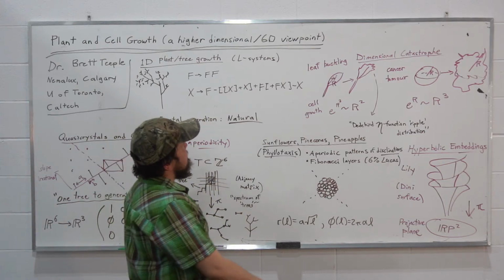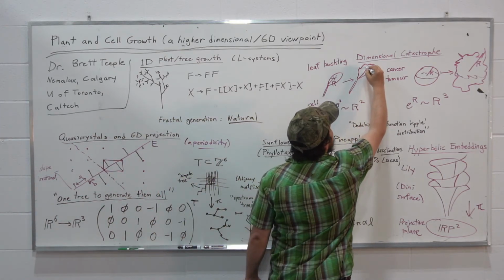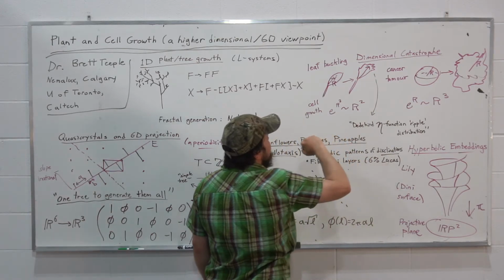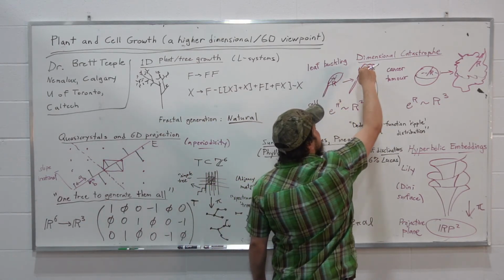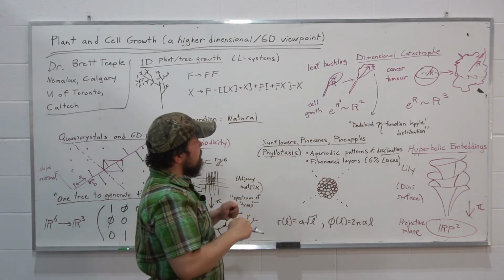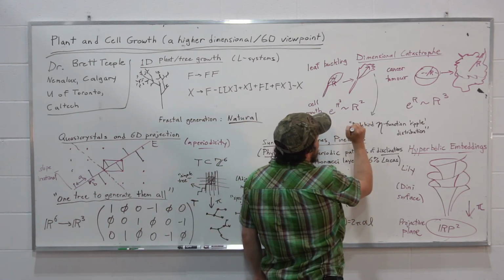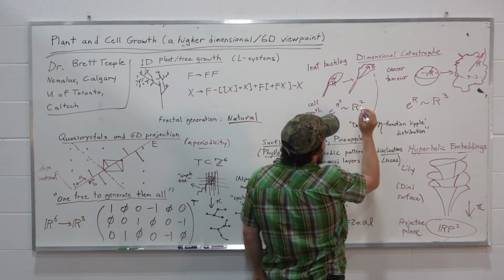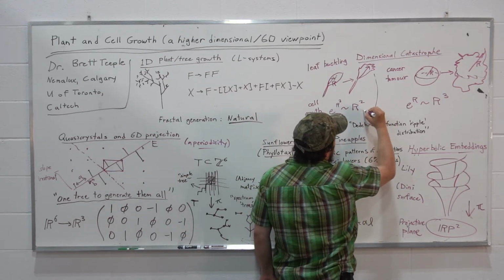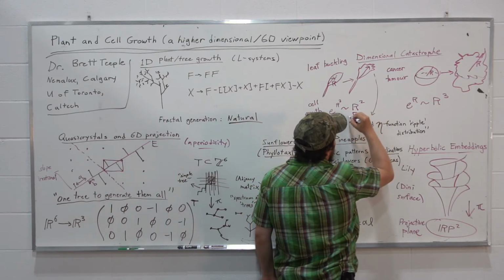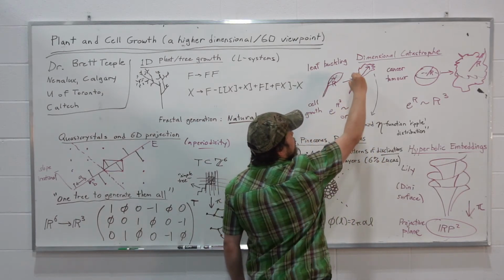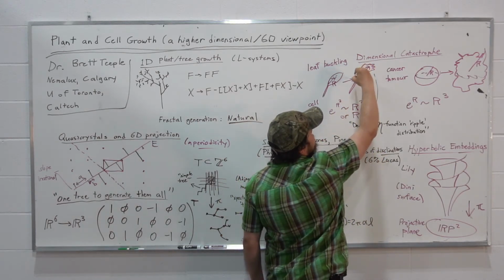But what happens is, if the leaf gets bigger, so r gets bigger, then what happens at the border is that there's no room, because the number of cells at the border is only proportional to r, the perimeter.